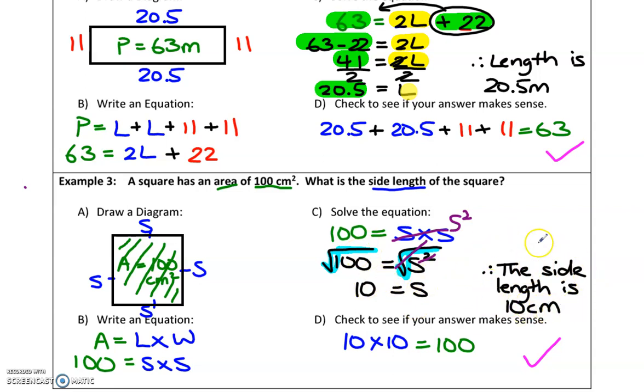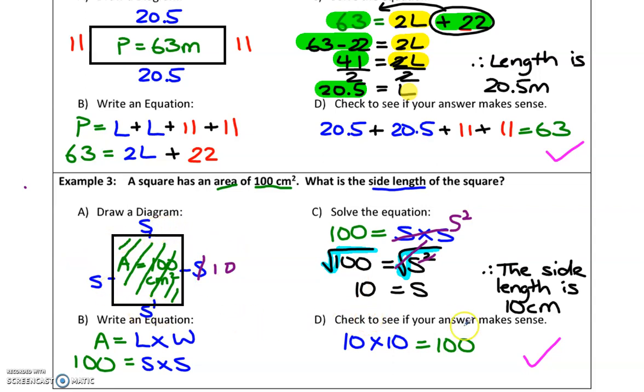So again, don't forget to do your little conclusion sentence over here, and especially don't forget the units, centimeters, because they had said centimeters right there. And we use centimeters, not centimeters squared, because centimeters squared is for the area. Centimeters is for a measurement. So you basically said this is a 10, and that all of them are 10s.